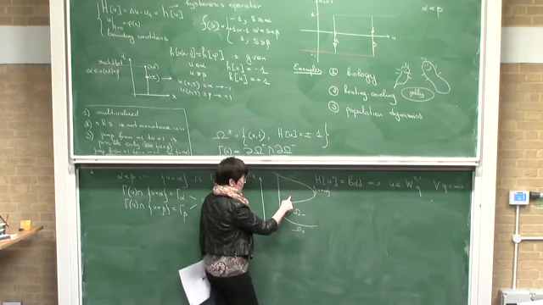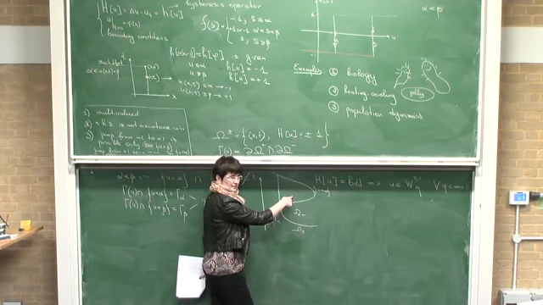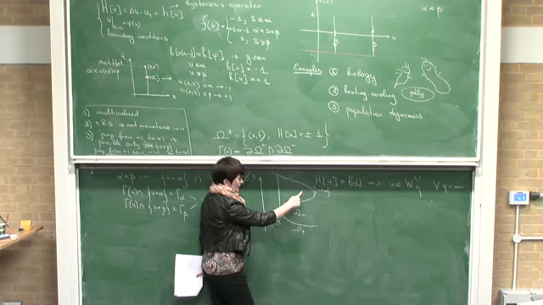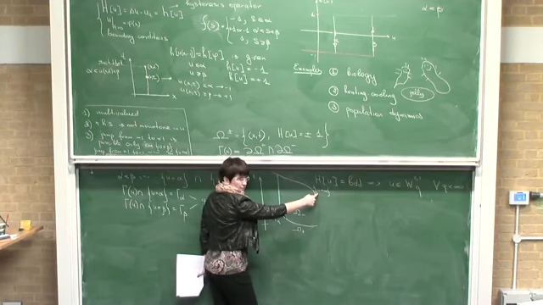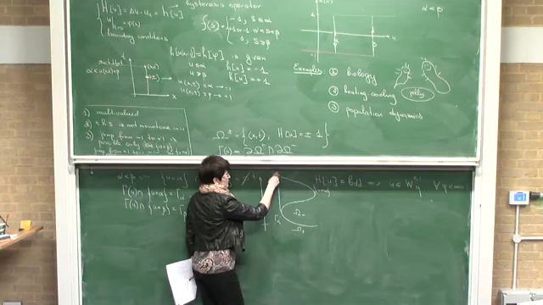Because if it's a free boundary, here we should again have omega plus. But such a jump from omega minus to omega plus is possible only if U is equal beta. But here we have just U equal alpha.